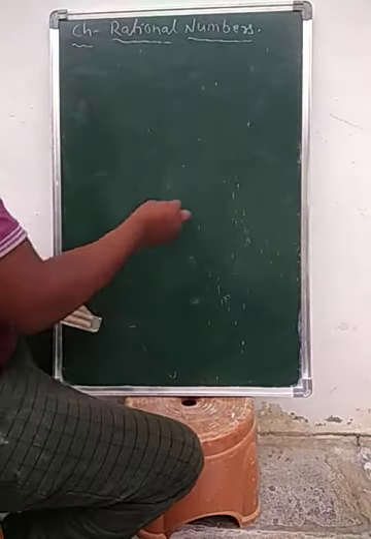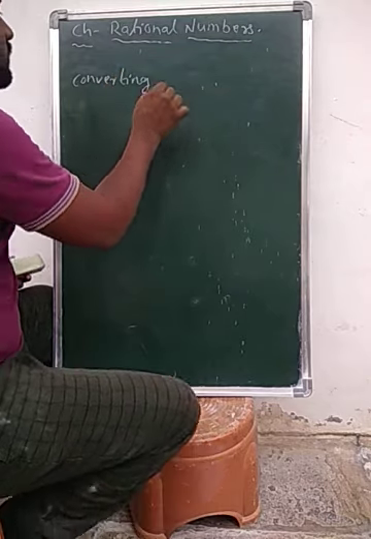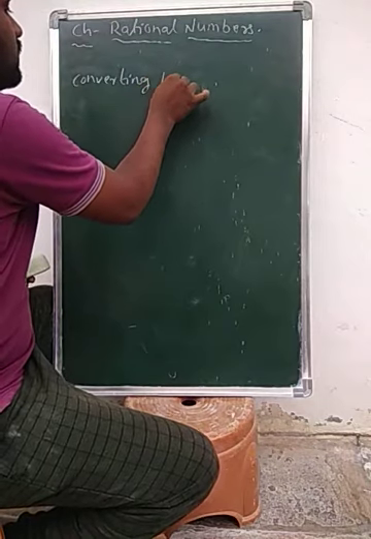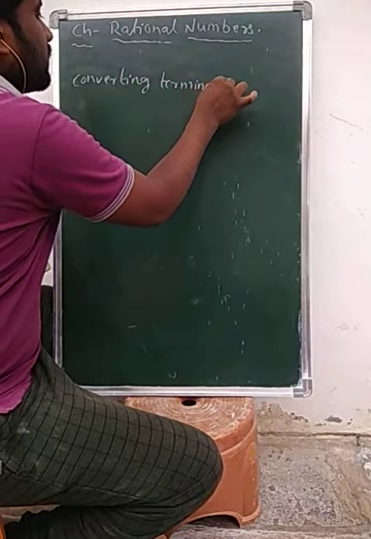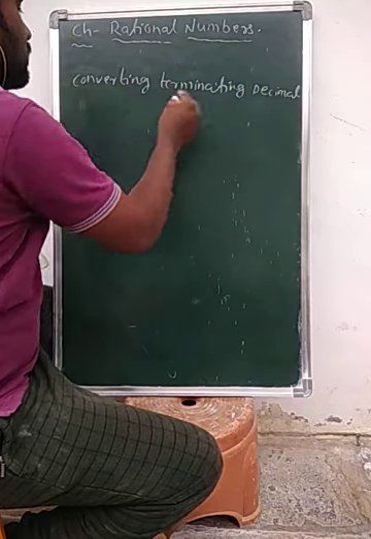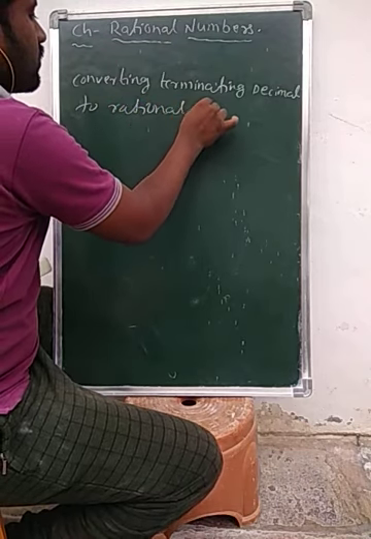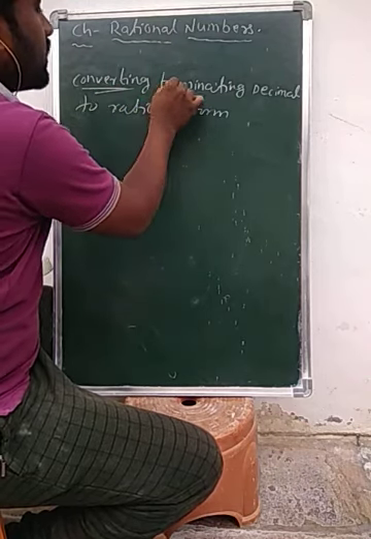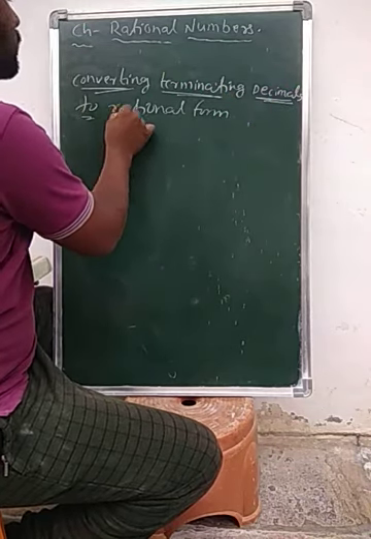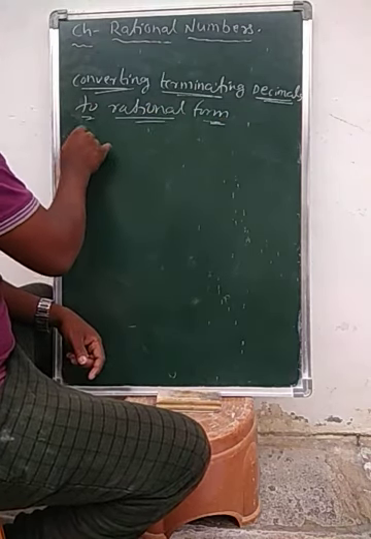Next one: converting terminating decimal to rational form. What is our topic name? Converting terminating decimals to rational form. I am taking one example here.